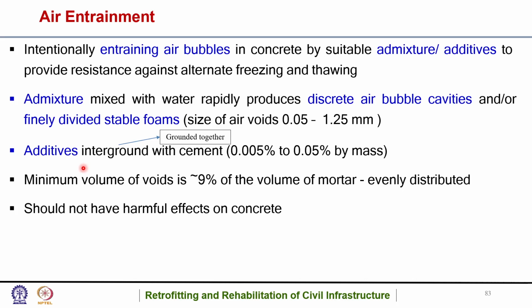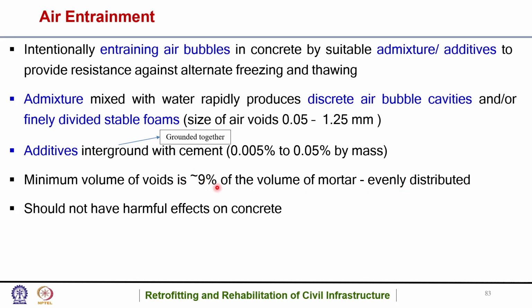These additives are interground together with cement, about 0.005% to 0.05% by mass of cement. The minimum volume of voids is 9% of the volume of mortar, evenly distributed.